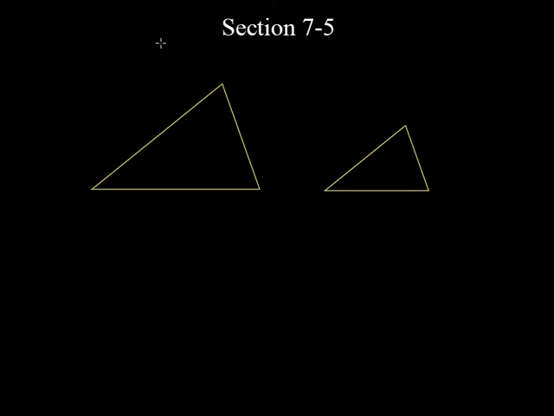Now what I'm going to do is draw this in a different color. I'm going to draw an altitude of this triangle. So an altitude goes from an angle where? Does an altitude go to the midpoint? Is that an altitude?